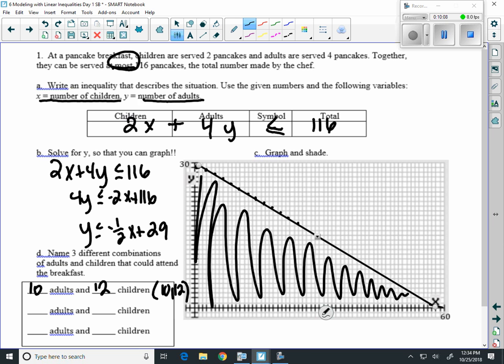If you go 58 here, 58 up here won't be in the shaded region. You can do 58, 0. All right, as long as it's in the shaded region, you're good.